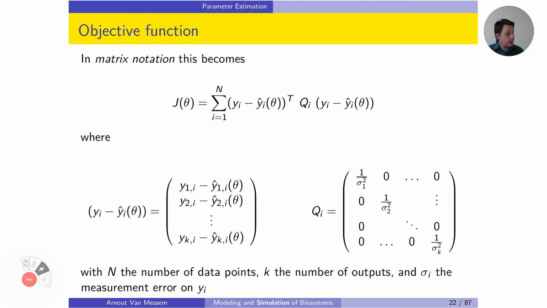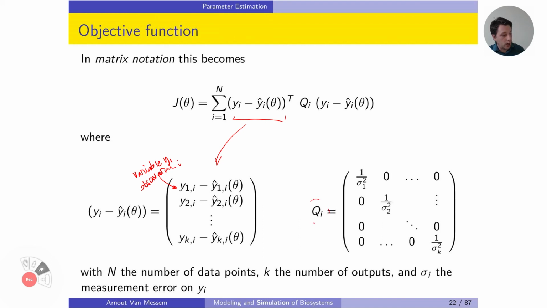So what you get is yi minus y hat i, which is just the vector of all the differences. So yi minus y hat i is y1i minus y hat 1i. So for my first output, it is the difference between the ith observation and the ith prediction, and so on. This one is for variable y1, observation i.